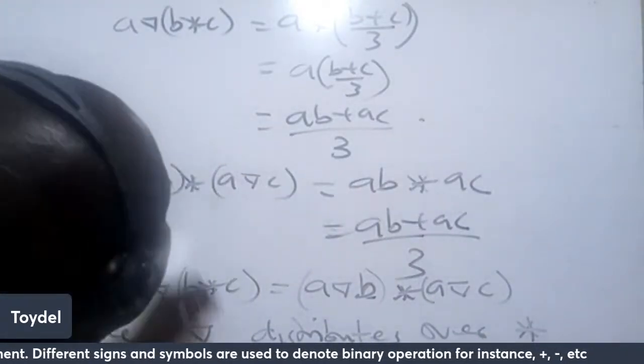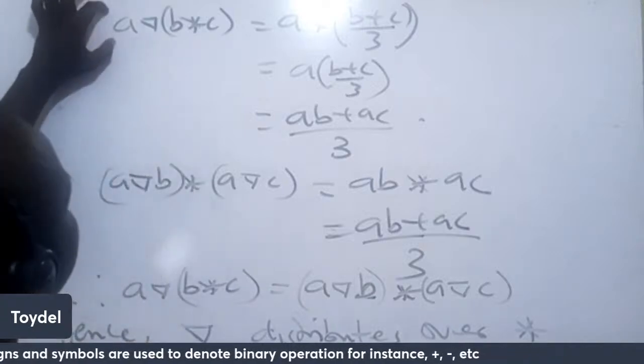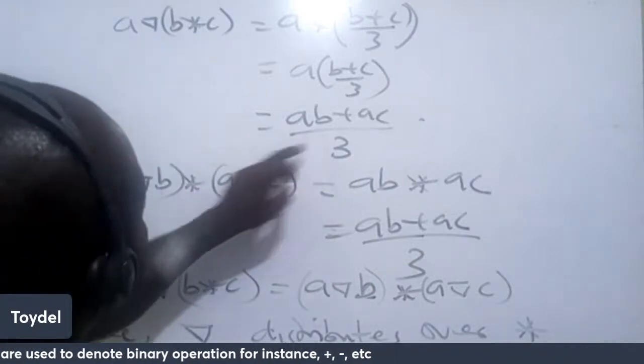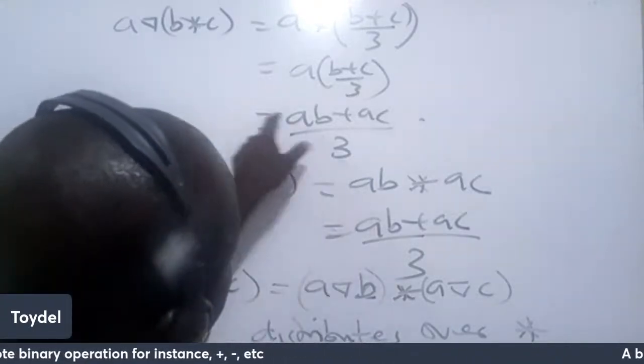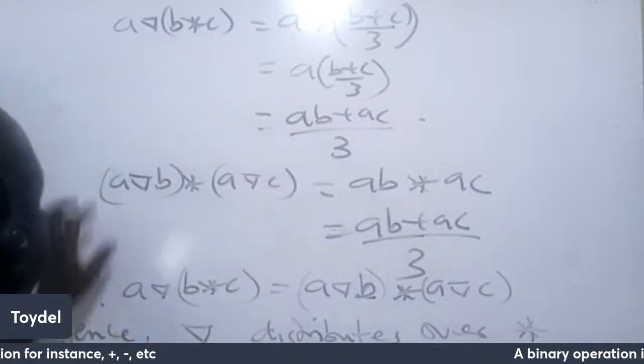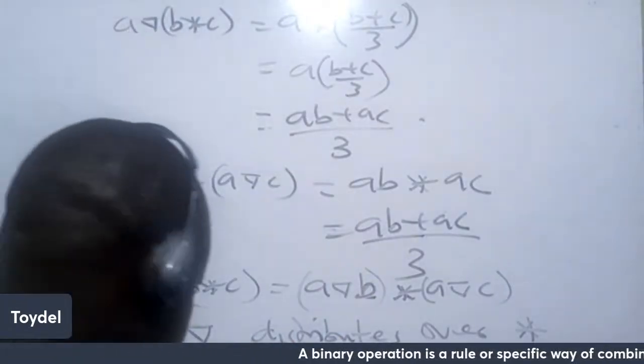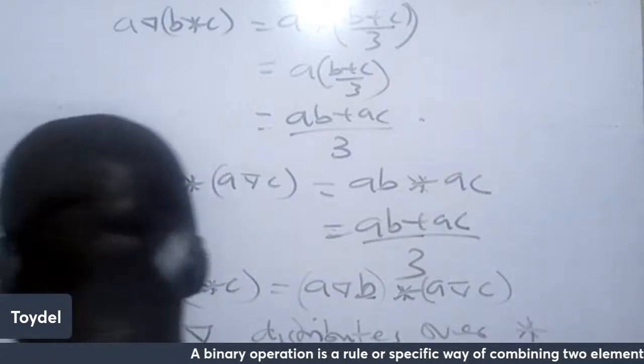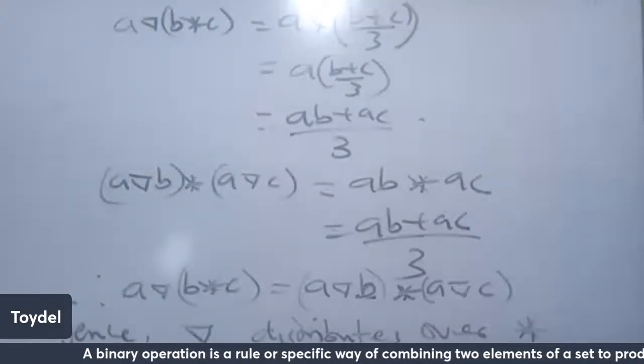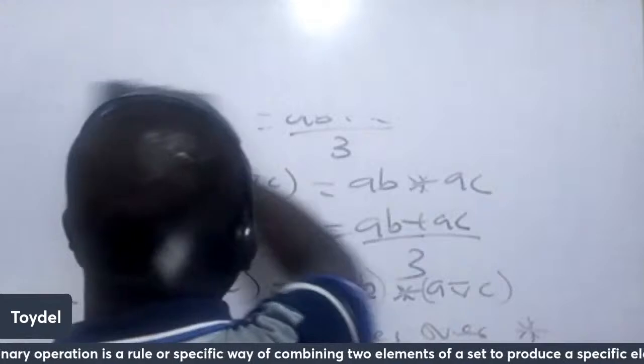Why do we say that? Because when we open up the left hand side, this is what we got. Then when we do the right hand side, if you compare the two results, it's the same. That simply means that this inverted triangle sign distributes over asterisk, and that is what we have been able to show.